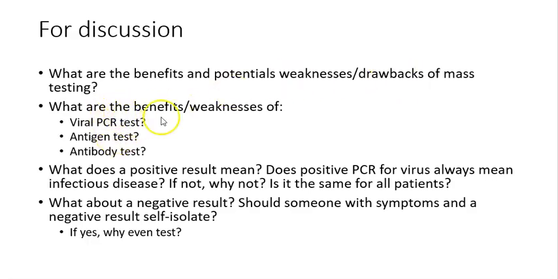We'll be discussing the relative weaknesses and benefits of the viral PCR test, the antigen test and the antibody test. We'll be discussing what a positive result means for the patient. We'll be asking whether a positive PCR for virus always means you're infectious. Sometimes it doesn't, and we'll discuss what the implications are for that.